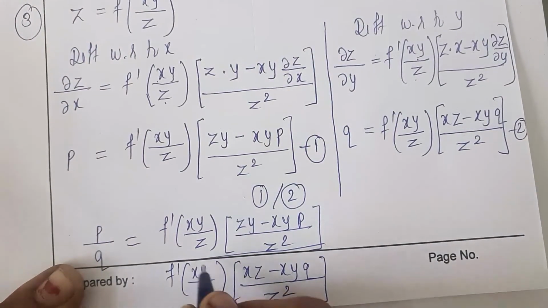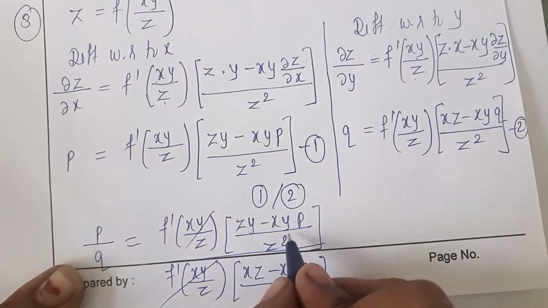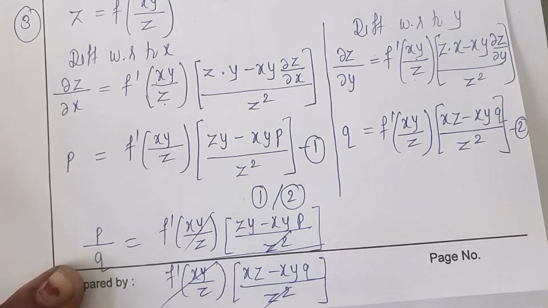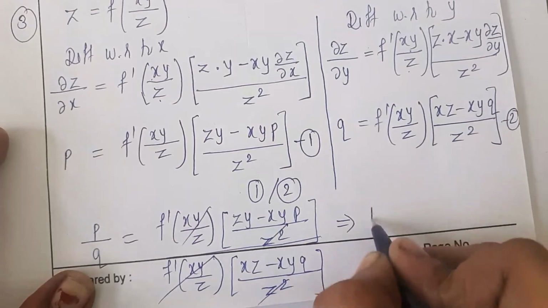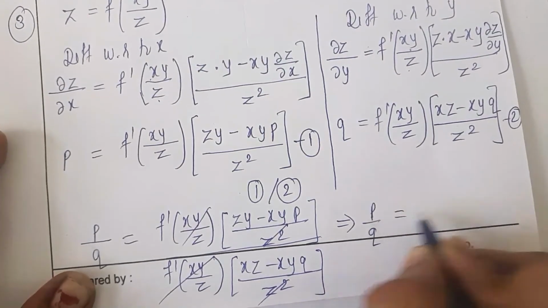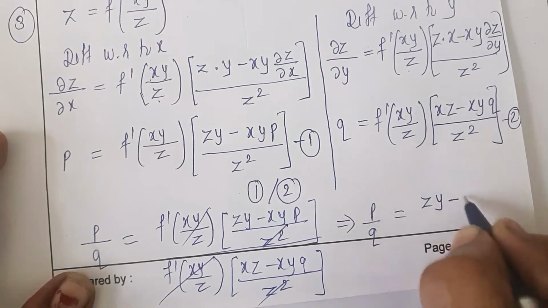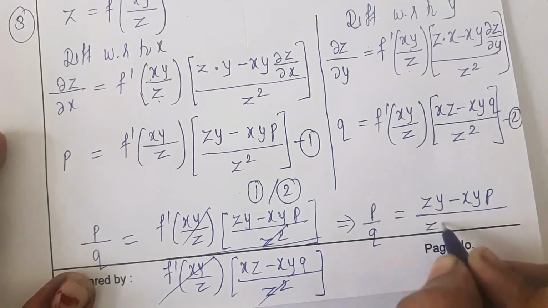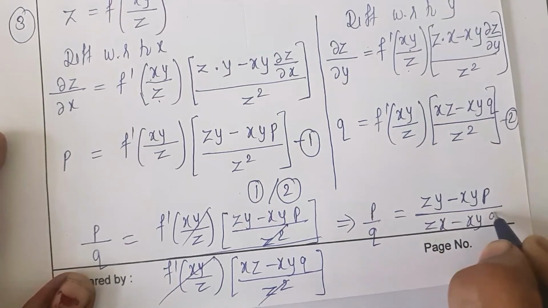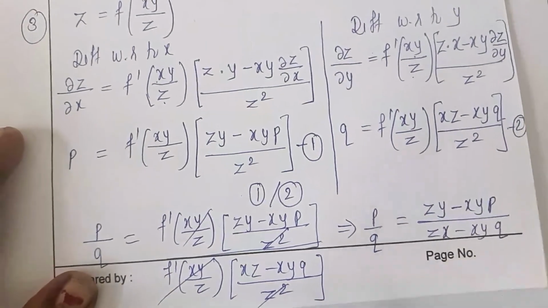So which term will get cancelled? First this will get cancelled. 1 upon z square and 1 upon z square get cancelled. Remaining is p by q is equal to zy minus xyp divided by zx minus xyq. So this is the remaining term.